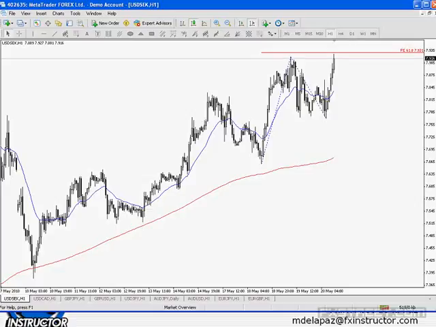Again though, the more liquid an instrument, the more likely that your technical tools will work very well. If an instrument that you're trading is illiquid, you will have trouble consistently applying technical analysis.